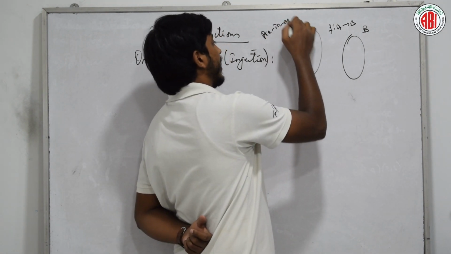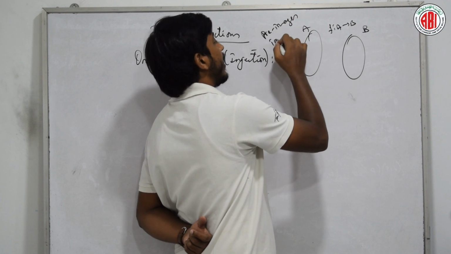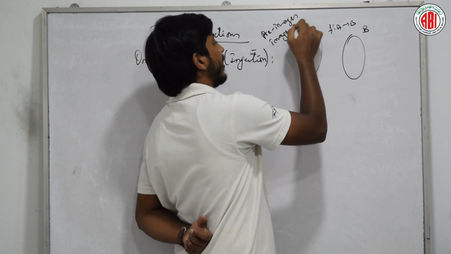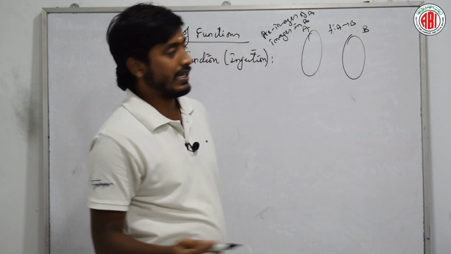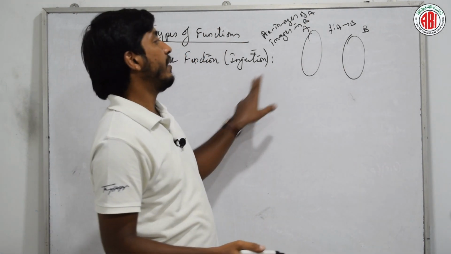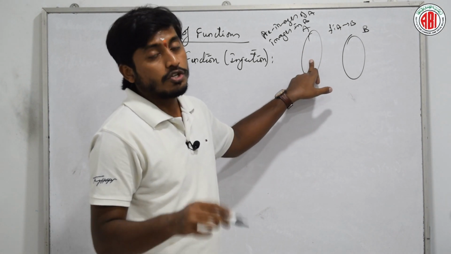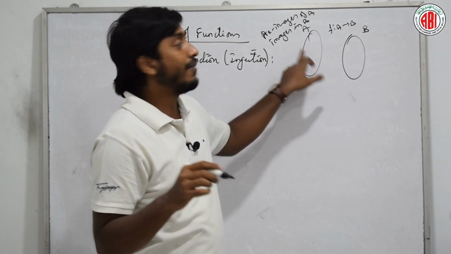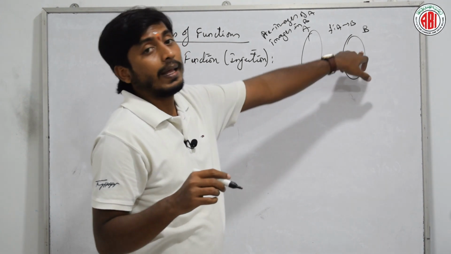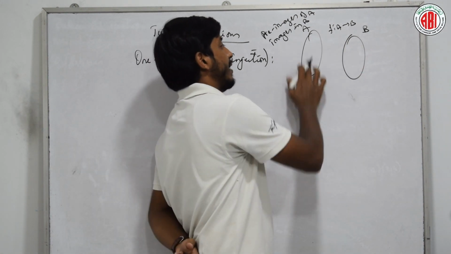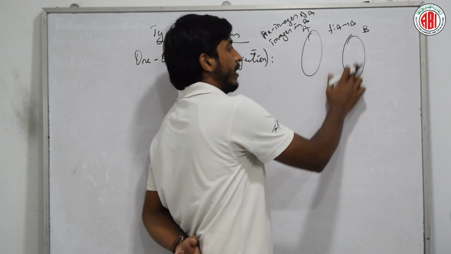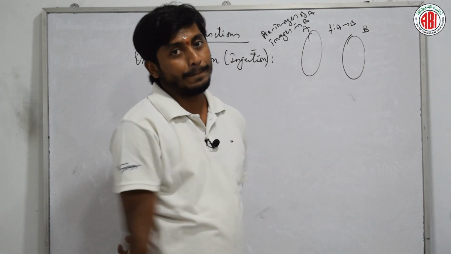Remember, pre-images in A and images in B. Now just remember, each and every pre-image in A should have a unique image in B. Once again, every pre-image in A should have a unique image in B.